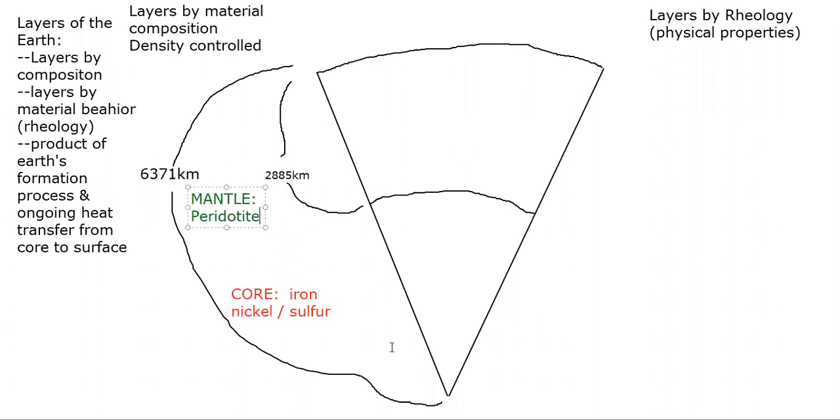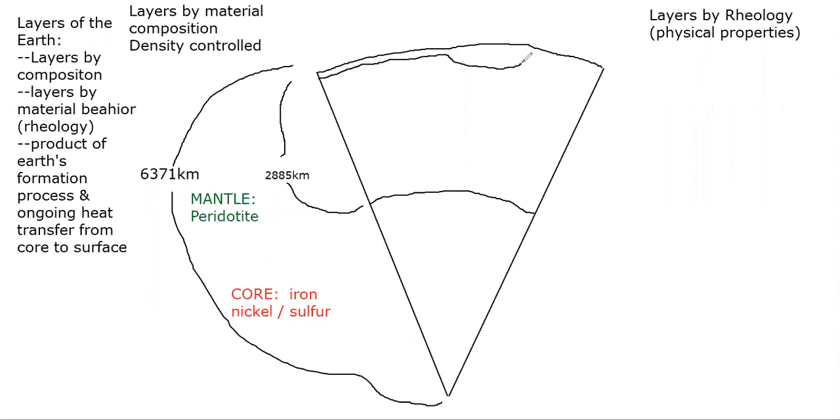So then finally we have this sort of outermost layer. This is stuff we don't see a lot of, though I do have some green mantle rock here. Through most of the ocean basins, we have a crust made of basalt.